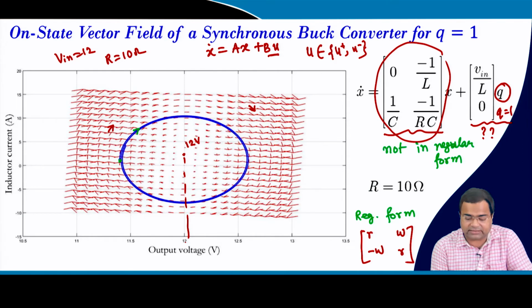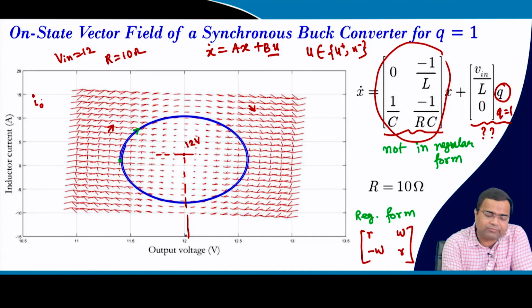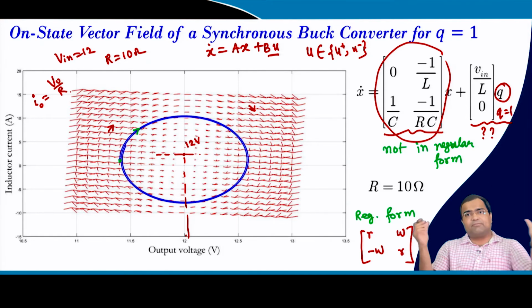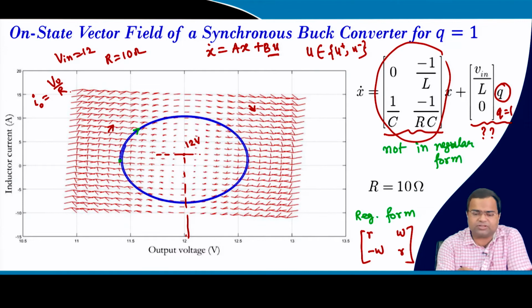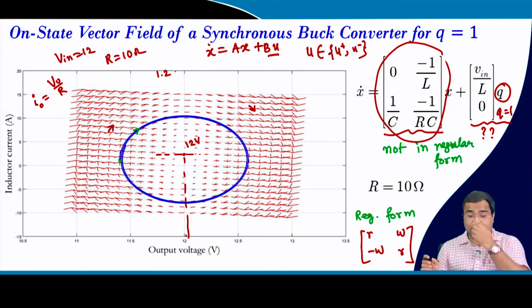In the output voltage it is 12 volt, and the final current will be the final voltage divided by resistance. If the final voltage is 12 volt, it is 12 by 10, that is 1.2 ampere, okay. So the point will be somewhere here.